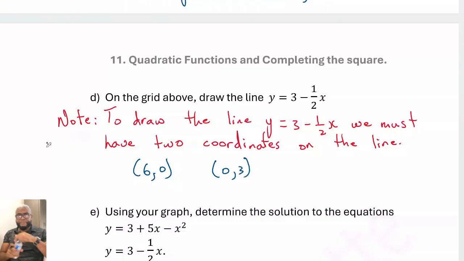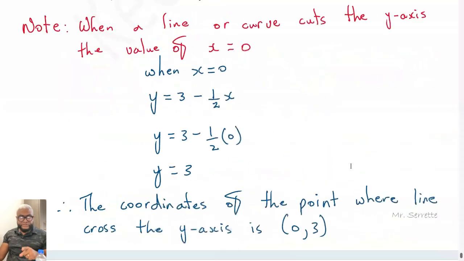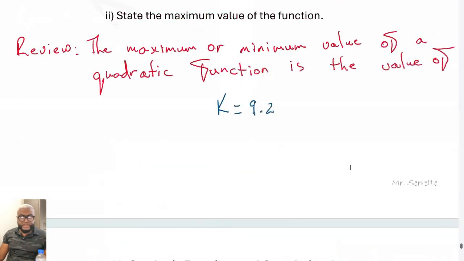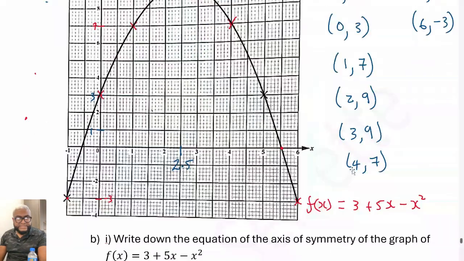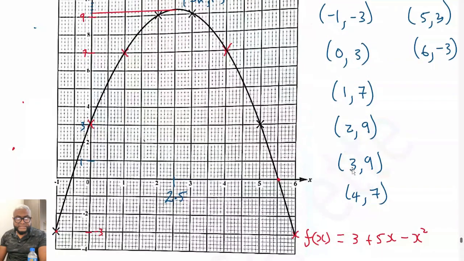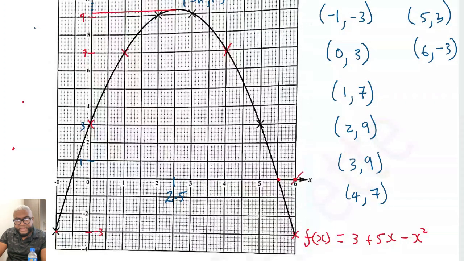Right, we're going up. Okay? So 6, 0 and 0, 3. Let me plot those points. 6, 0. 6 on the x-axis, 0 on the y. Where would that be? 6 on the x-axis, 0 on the y. Would that be here?